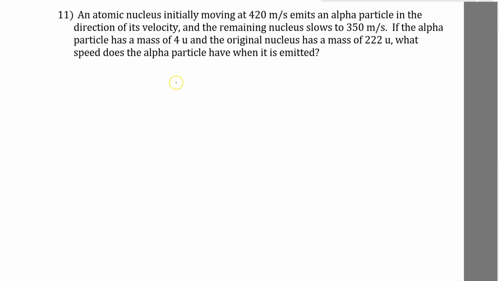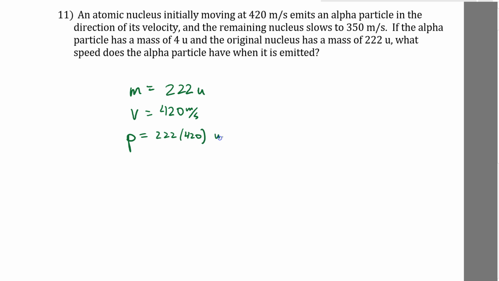So before the decay, or before the emission of the alpha particle, the original nucleus has a mass of 222u, and its speed is 420 meters per second.